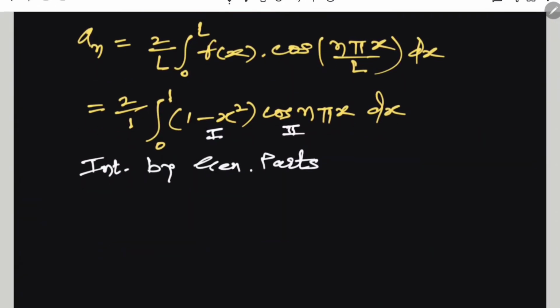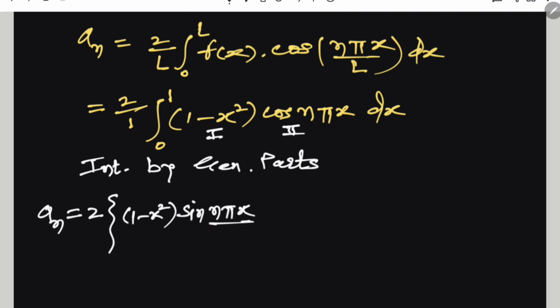Applying generalized parts, we get the value of an as 2 into first term as it is, 1 minus x square, integration of cos is sine n pi x divided by n pi, minus derivative of 1 minus x square with respect to x, which is minus 2x.